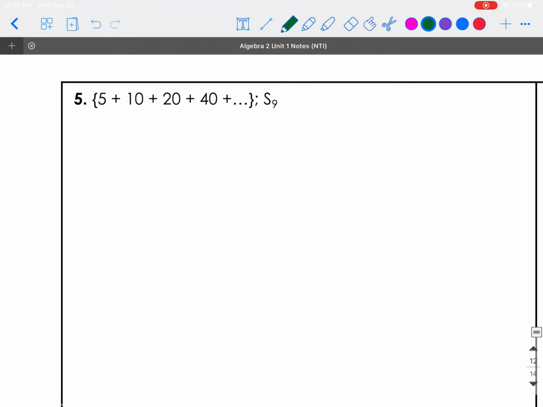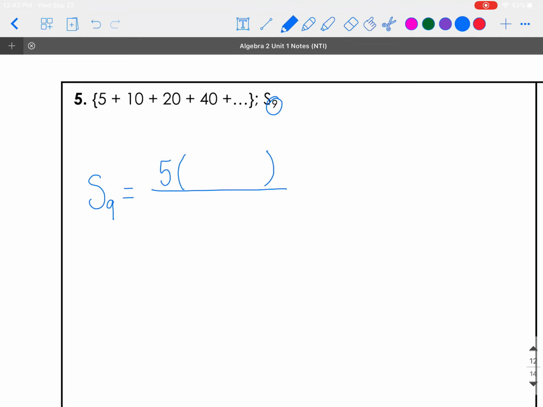All right, we're going to do a few more. I'm probably not going to do all of these just for the sake of time. So we're finding the sum of the first 9 terms. On top of my fraction, I start with A1, which is 5. That's my first term.